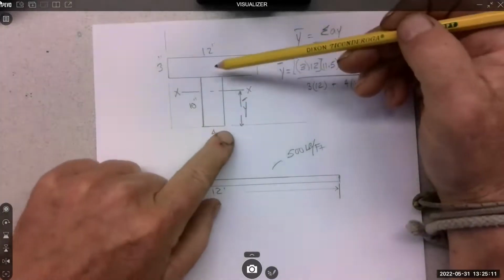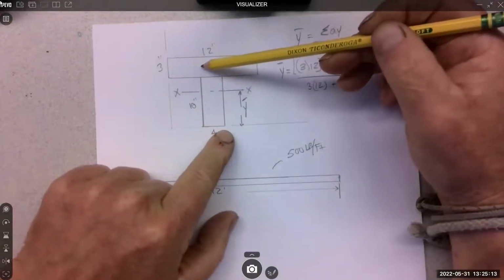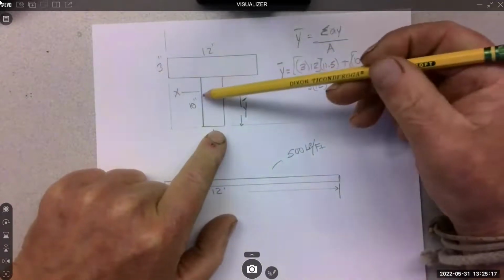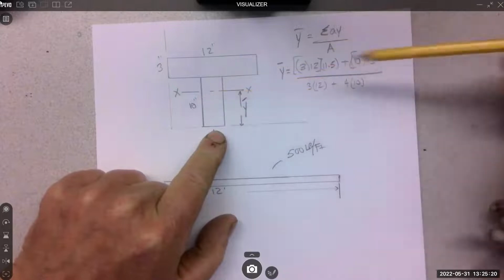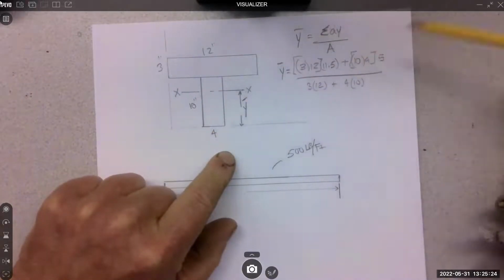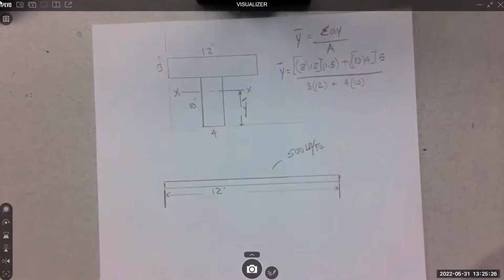The Y distance to that upper shape, 10 plus 1.5, 11.5. The Y distance to the lower shape is half of the 10. And then the area is 10.4. And then down below is just the total area, right?